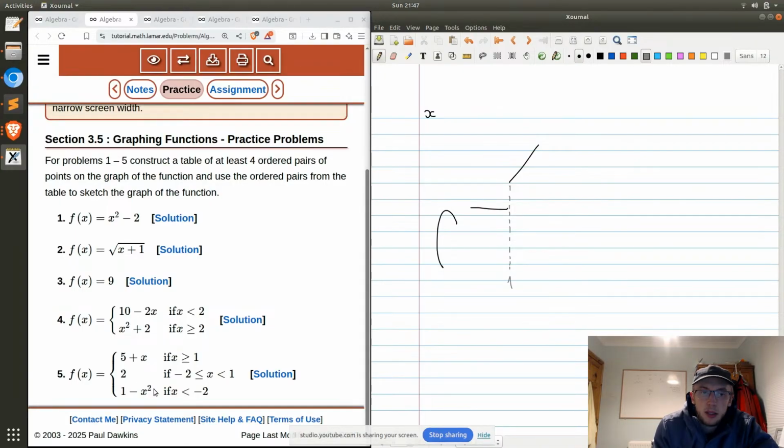Whereas if we input -2 in here, we get 1 minus the square of -2. So 1 minus 4, which is -3. So it goes from 2 down to -3. So it will be like that.